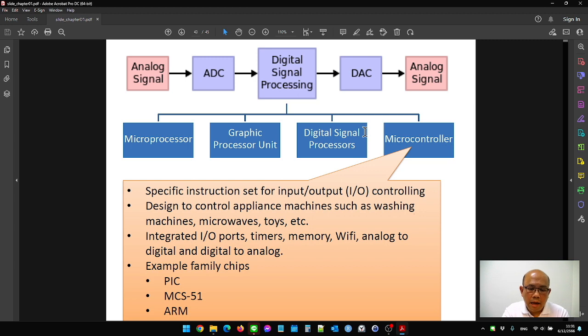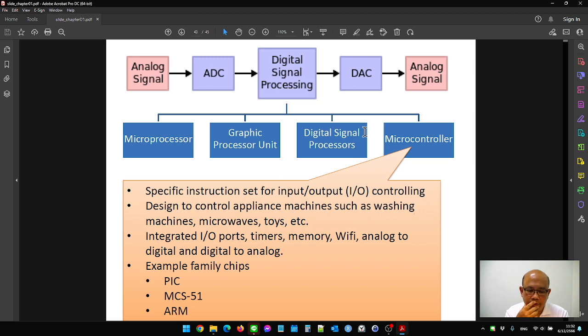Chips in the group of the microcontroller are the PIC from Microchip company, the MCS51, the 8051 from Intel.